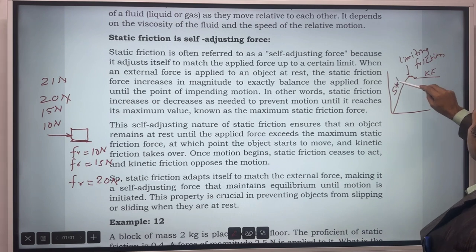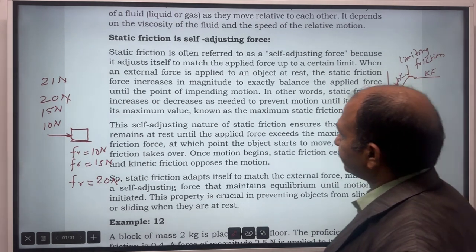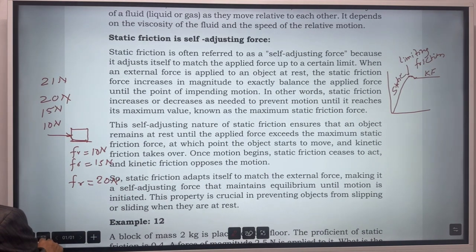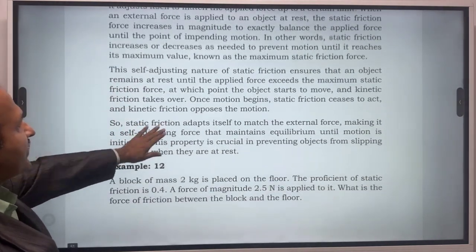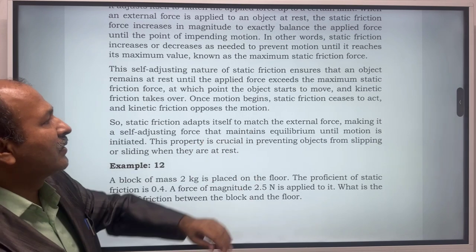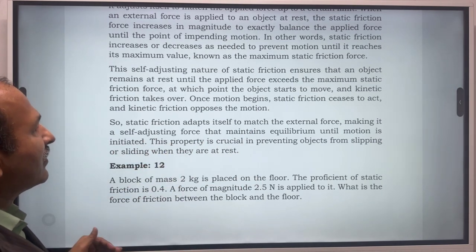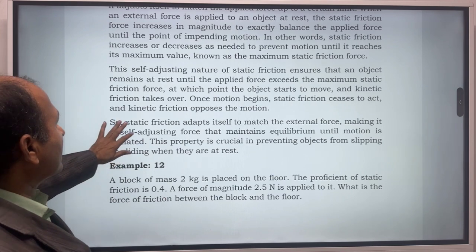This portion is static friction. So here same thing is given. So static friction adapts itself to match the external force, making it a self-adjusting force that maintains equilibrium until motion is initiated.